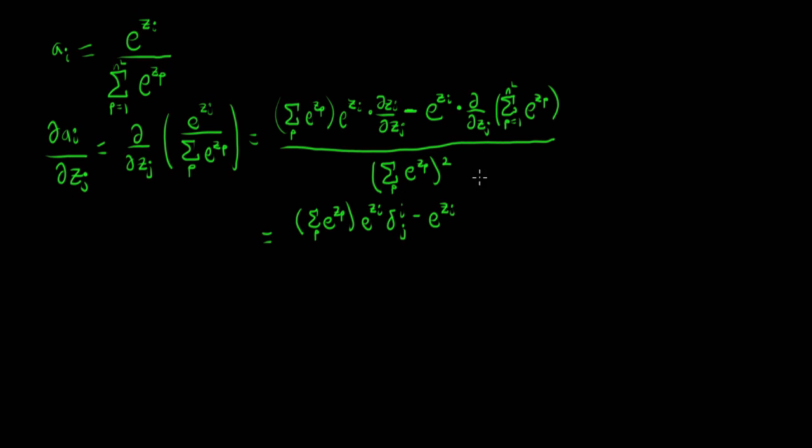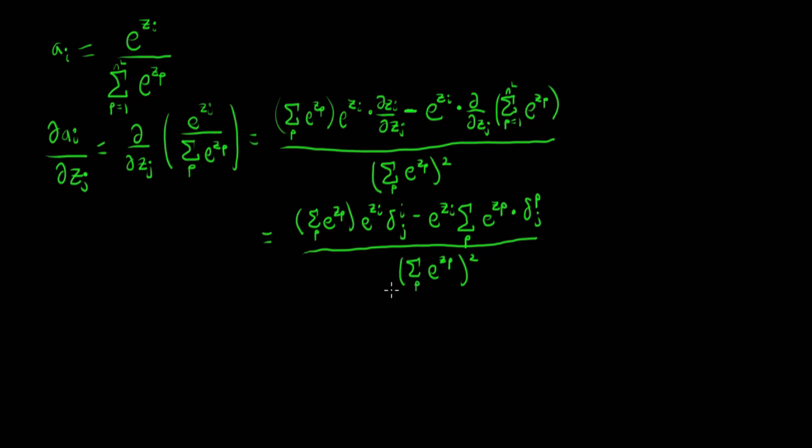Now again, we can write this as the sum over p, and this derivative is very similar to the one we just did earlier. This is going to be e to the zp times the derivative of zp with respect to zj, but this is just delta pj, and then over the sum over p of e to the zp, squared.